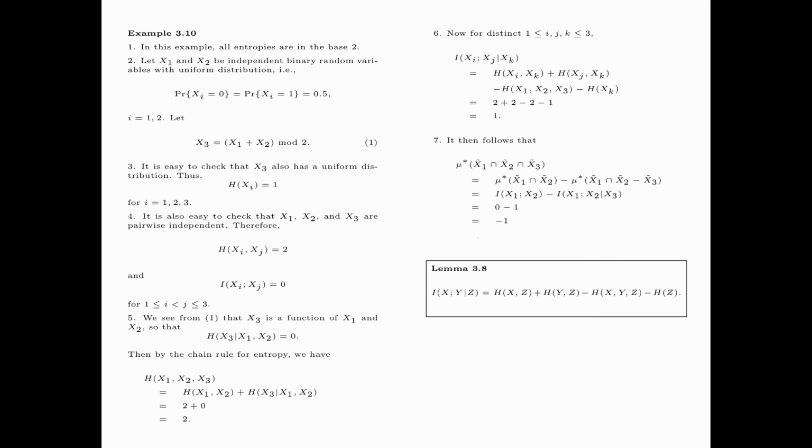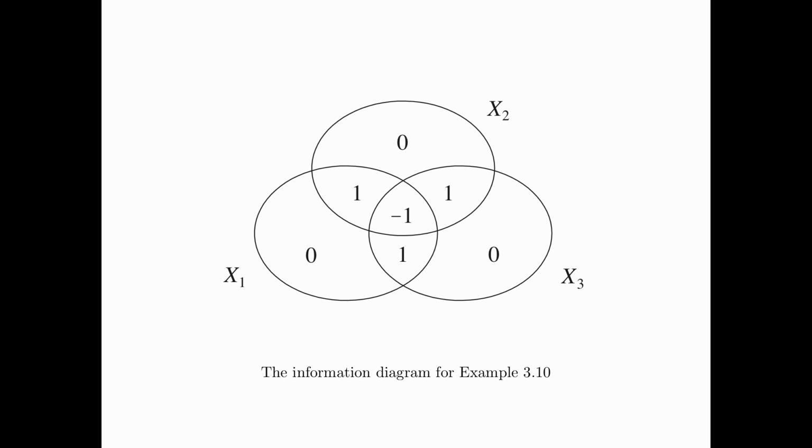Therefore, we conclude that mu star x1 tilde intersect x2 tilde intersect x3 tilde is less than 0. This shows that mu star can be negative. This is the information diagram for the mu star that we have constructed in example 3.10.